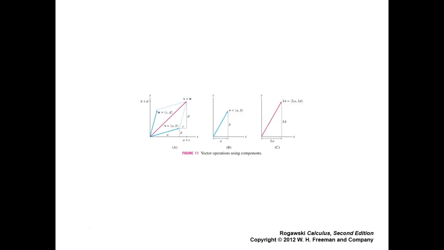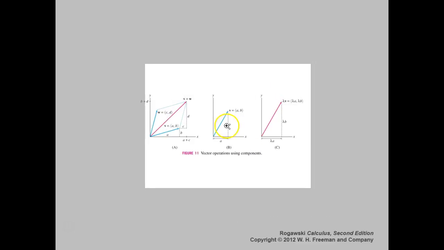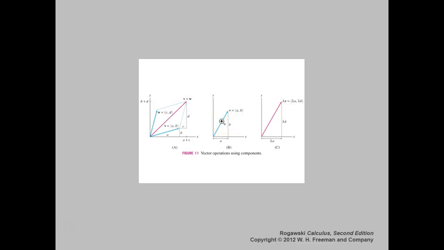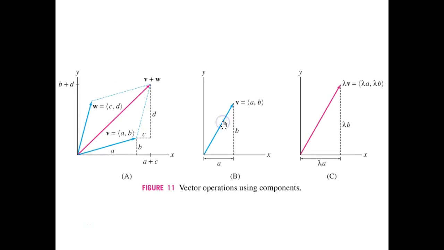Now, these are the pictures that show up before that thing in your book, so let's do them now. I think we can get them all on one blown up slide. What have we got here? This is vector operations using components. Here is vector V, A for the horizontal component, B for the vertical component. Here's vector W, C for the horizontal component, D for the vertical component, which they have labeled.